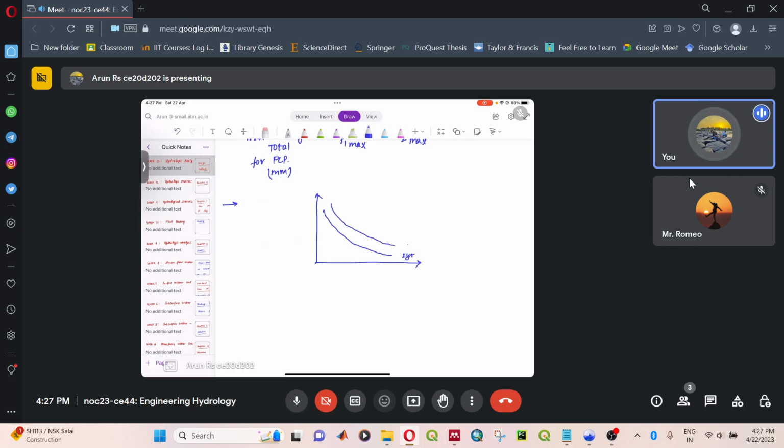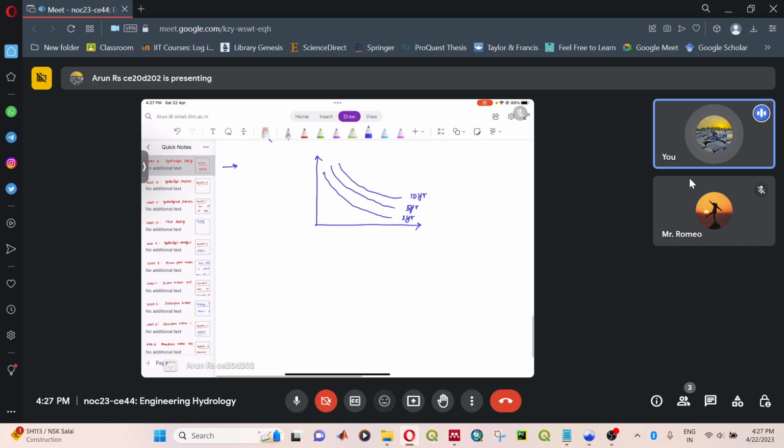Then let's say this is for 5-year return period, and then this is for 10-year return period, and it can continue up to 100-year return period. And in the y-axis, you have your rainfall intensity, and in the x-axis, you will have the time.